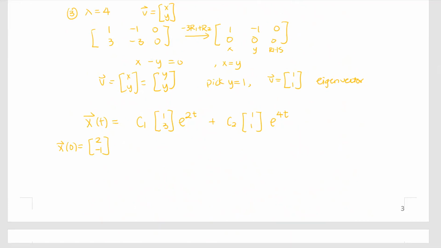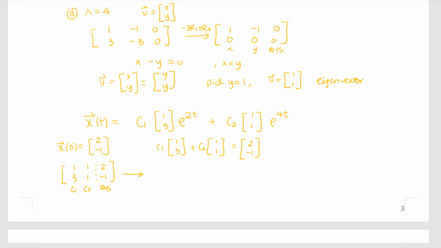We plug in t is 0, we get c1 times (1, 3), e to the 0 is 1, plus c2 times (1, 1), and that equals (2, -1). Ooh, so it's the same as solving the matrix with rows 1, 1 and 3, 1, and right-hand side 2 and -1. This column corresponds to c1, this is c2, this is the right hand side.